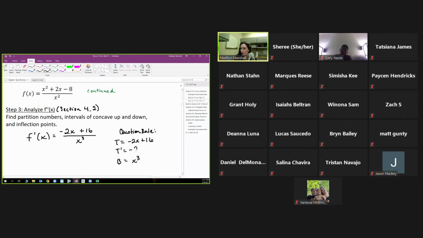So t prime is just negative 2, and b prime is 3x squared. Our quotient rule is b t prime minus t b prime all over b squared.